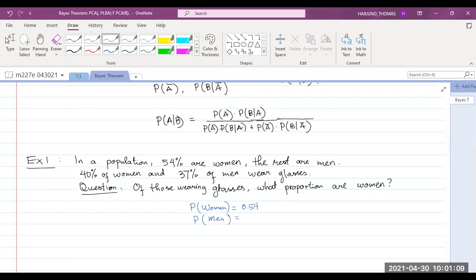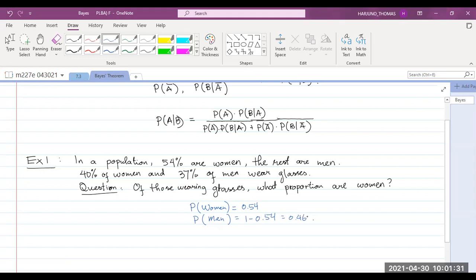In public, you may think it's actually a spectrum, not just men and women, maybe others. Yeah, it's a spectrum. So men will be 1 minus 0.54, that's 0.46.